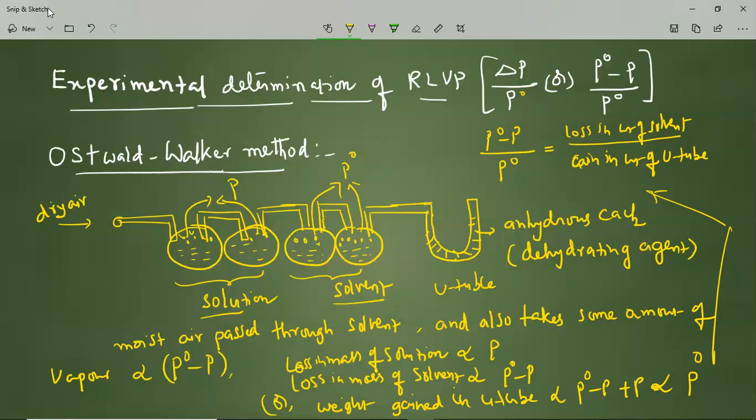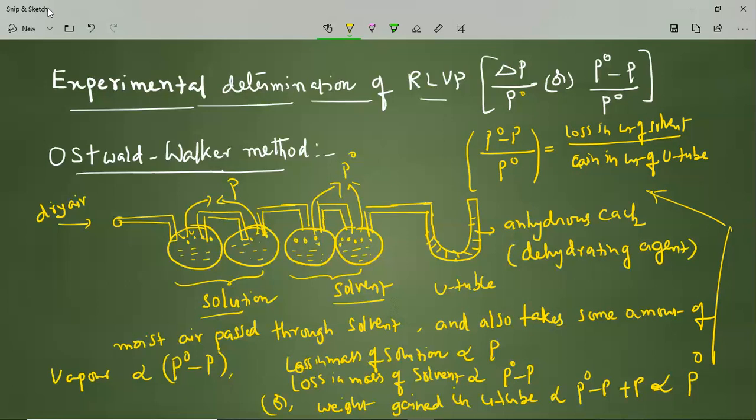So here, by knowing the loss of mass of solvent and solution and the gain in mass of the U tube, it is possible to find the lowering of vapor pressure, the relative lowering of vapor pressure, which can be equated to the Raoult's law formula to get the molar mass of non-volatile solute.